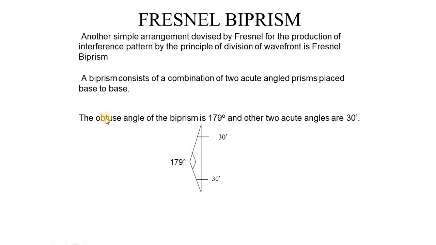The obtuse angle means an angle greater than 90 degrees, and the obtuse angle of the biprism is 179 degrees. Since the total is 180, the two acute angles will be 30 minutes each.